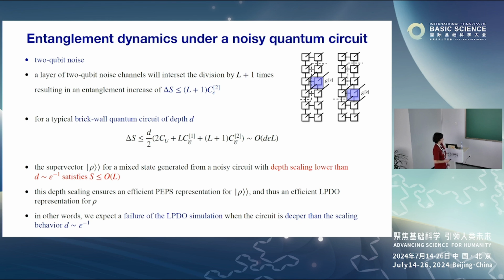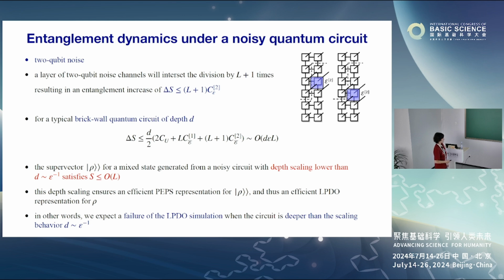We can see that the entanglement of a mixed state generated from a noisy circuit, when the depth is lower than the inverse of the error rate, will only be proportional to L.